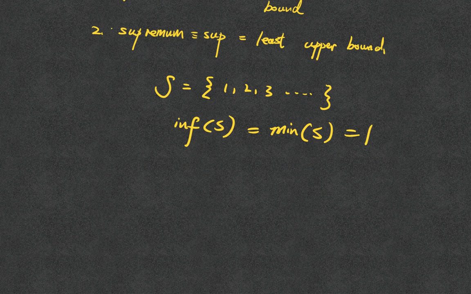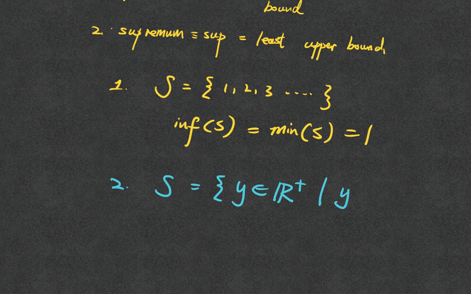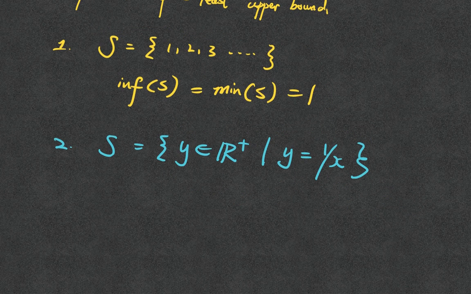Now let me define another example so you can see the contrast. Let's say S is a set, a collection of all the positive real numbers, not vectors, that satisfy the condition y equals 1 divided by x, and x is also a real number.